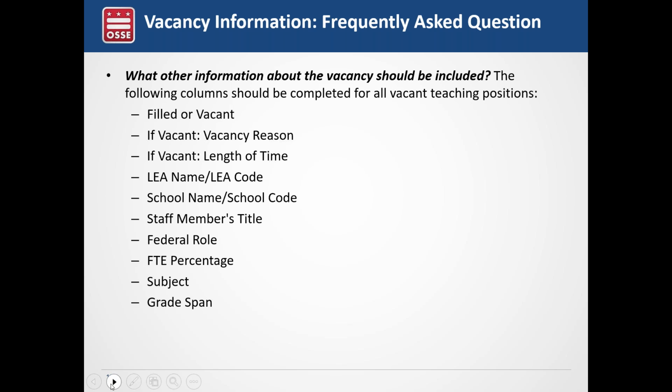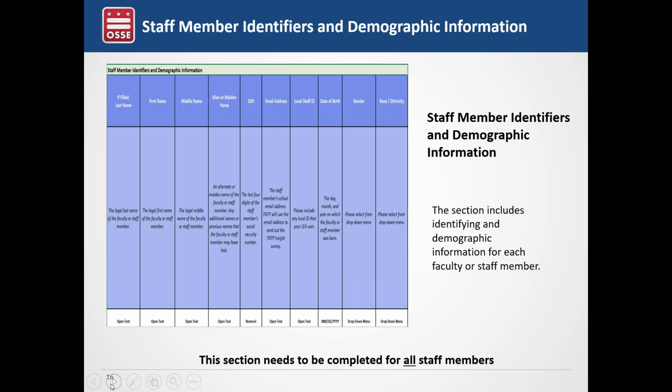So for all the sections of this PowerPoint, we will review the specific sections of the spreadsheet, but also some frequently asked questions. So for the staff members' identifiable and demographic information, this information should be included for all of your staff members.